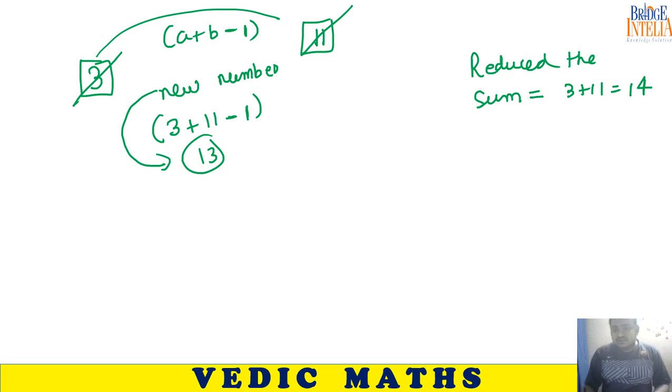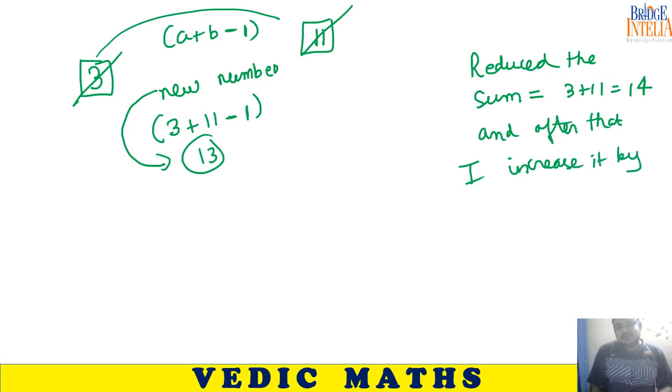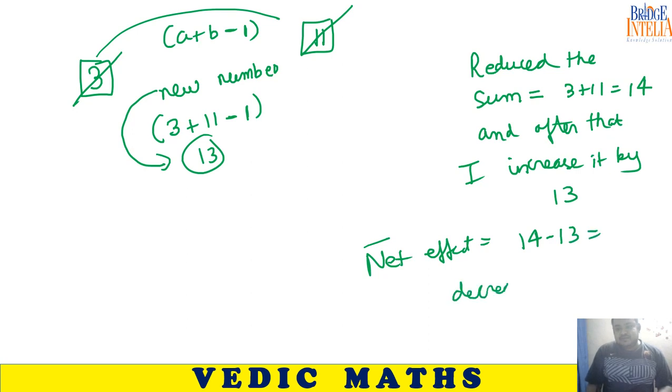So first I reduce the sum by 14, and after that I increase it by 13. So what is the net effect? Net effect is, 14 minus 13, that is a decrease of 1. So the sum also decreases by 1.